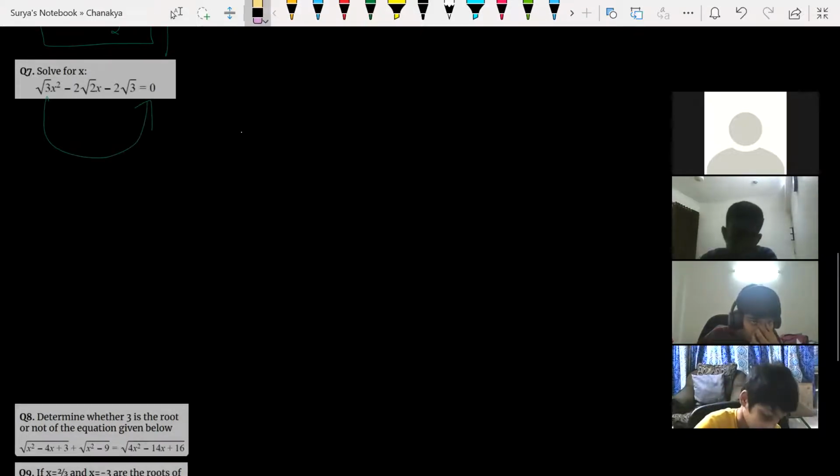Factorize. Multiply the first and last term here. What are you going to get? 6x square minus 6x square.